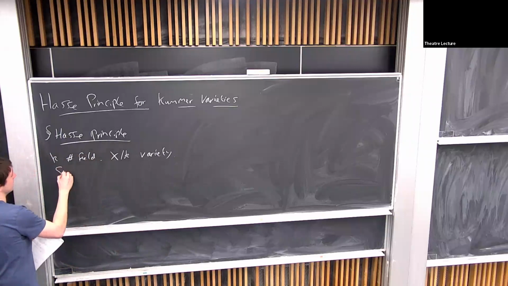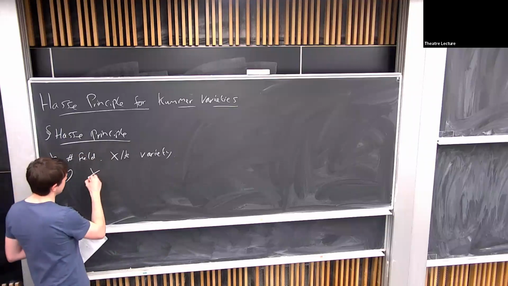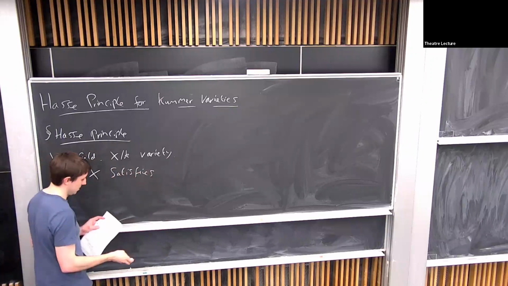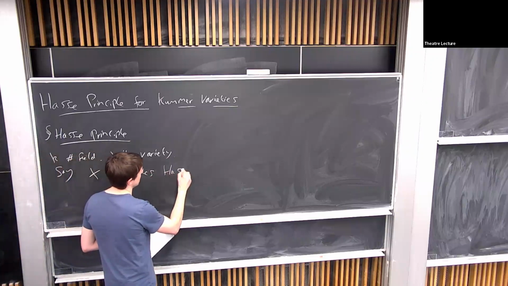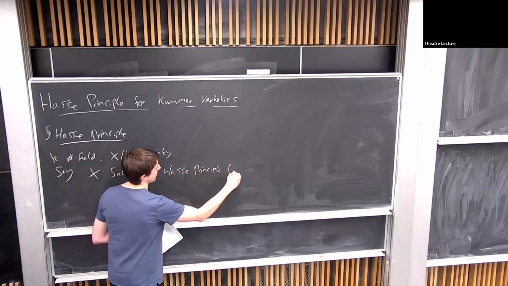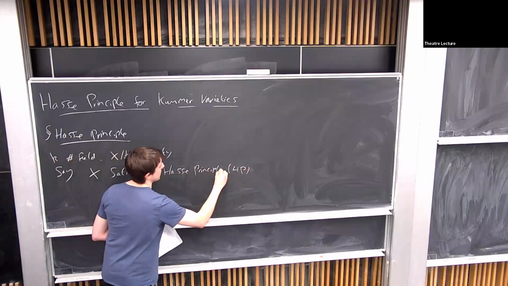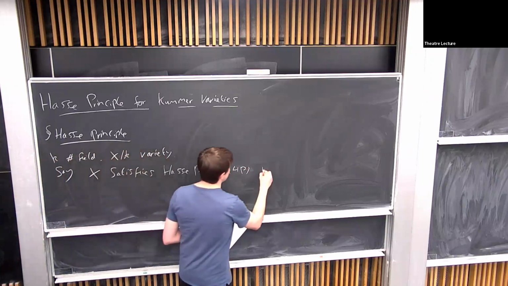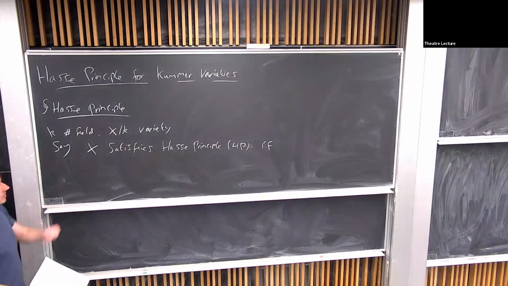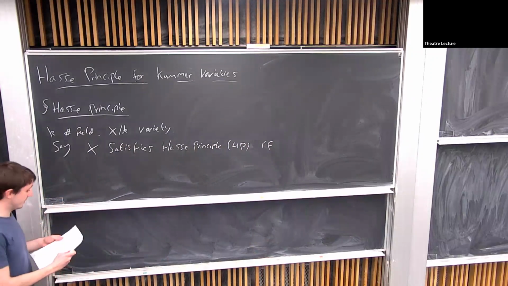Then we say that X satisfies the Hasse principle, which I'll abbreviate as HP, if having points over every completion of K is enough to conclude that there are points over K itself.